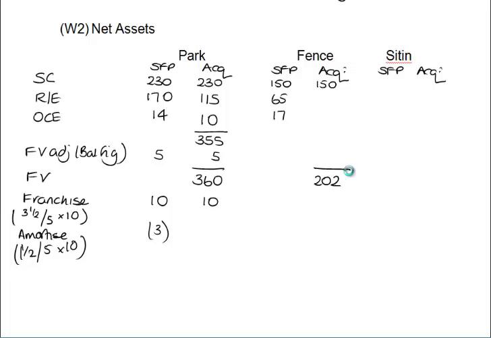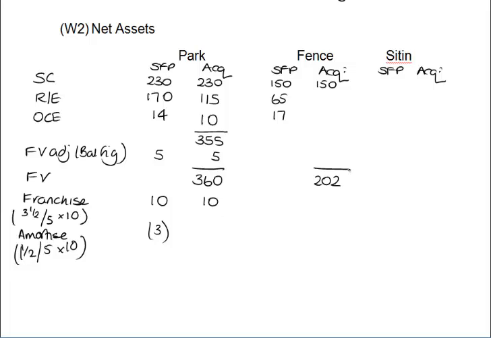At the time of the business combination, Fence had a contingent liability with a fair value of 30 million, and that's included in the figure of 202. At the 30th of November X9, the contingent liability met the recognition criteria of IAS 37, and the revised estimate of this liability was 25 million.